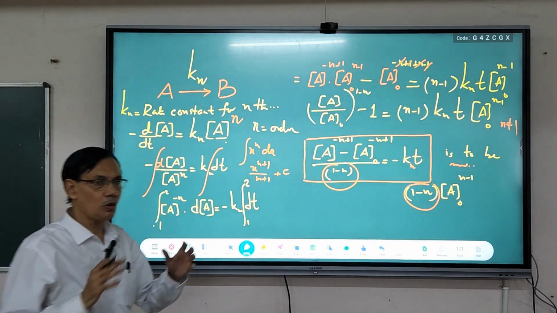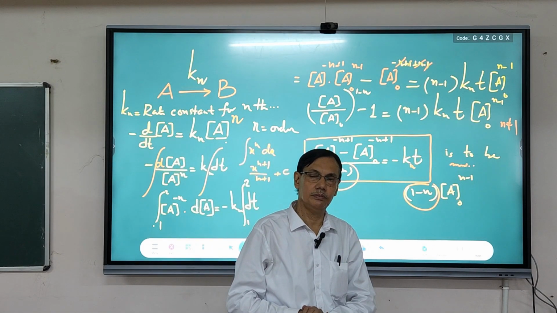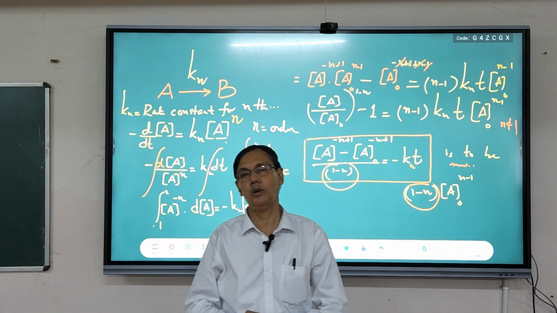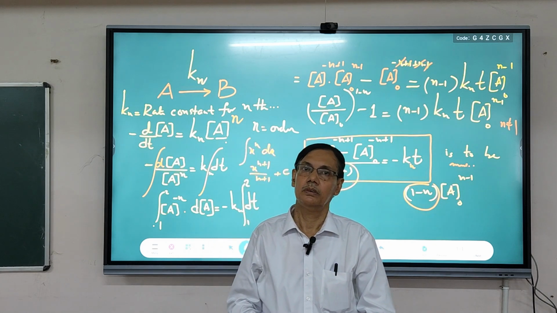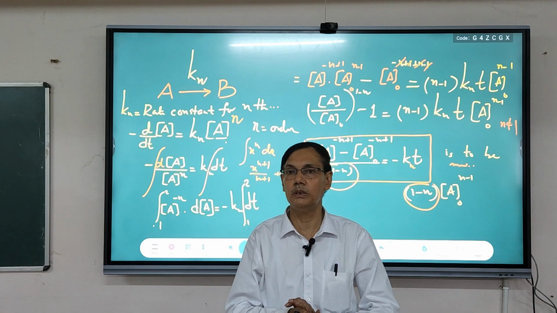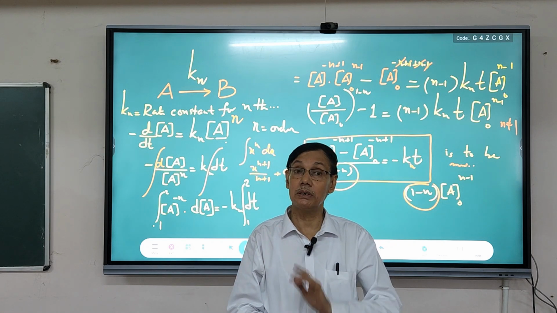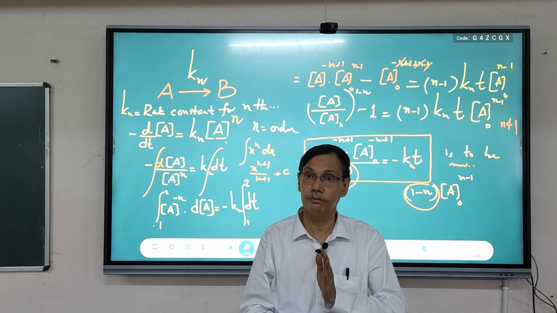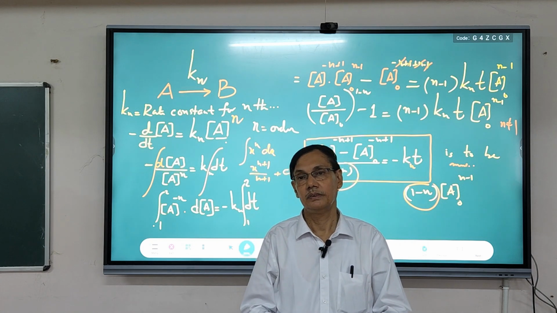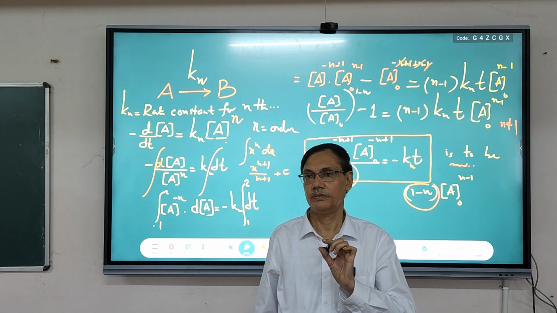You know that whenever we solve any type of integrated rate law, it is very essential for chemical kinetics that you must know the unit of that rate constant. You must know the half-life period formula, because that is the characteristic of a chemical reaction.